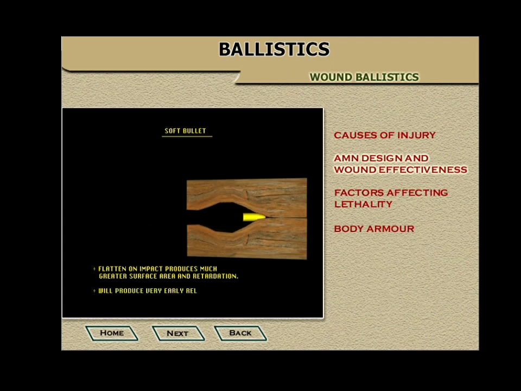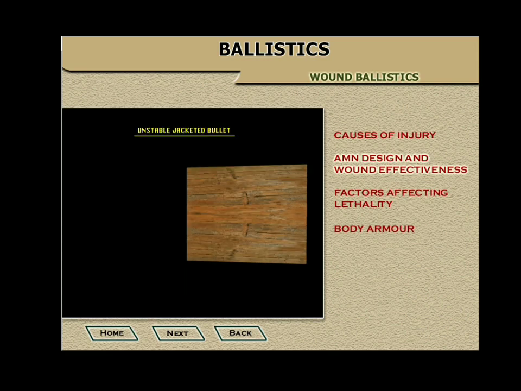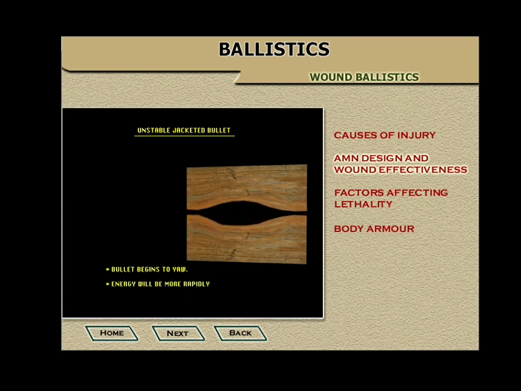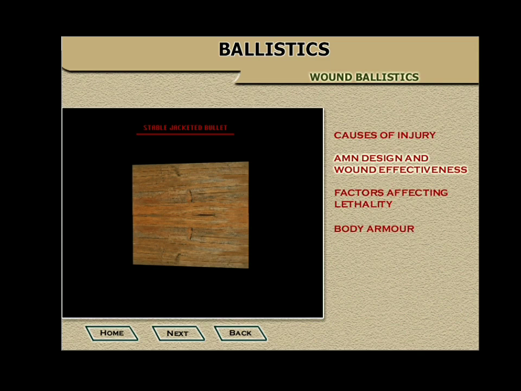Such a design will produce a very early release of energy. Unstable jacketed bullet. If the bullet is jacketed and is unstable in flight, the energy would be more rapidly released as the bullet begins to yaw. Stable jacketed bullet. In case of a stable jacketed bullet, the energy is dissipated rather late and a longer wound track is observed.